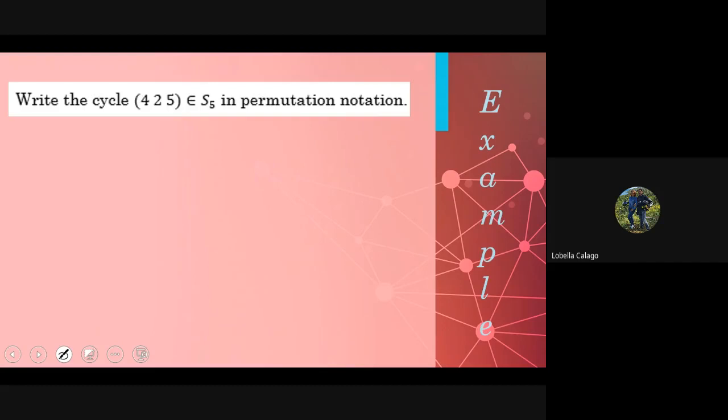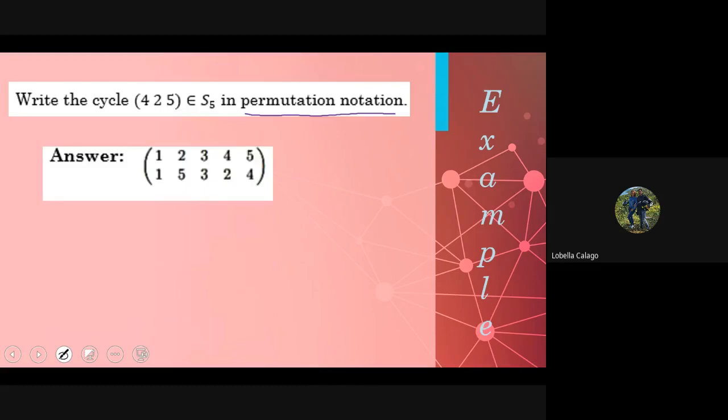So saan napunta si 1 and si 3? Kasi meron lang tayong (4 2 5). Ibig sabihin si 4, 2, 5 lang po yung nag-maps to others. Yung 1 and 3 ay mapping to itself. Isusulat natin yan sa permutation notation. Ayan. Yan po yung answer.